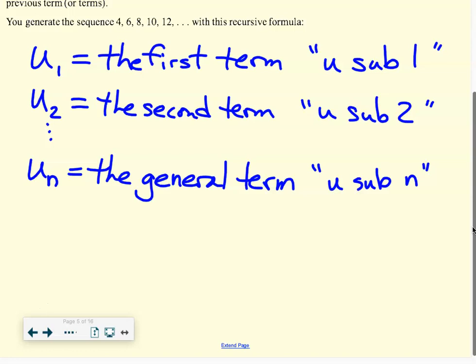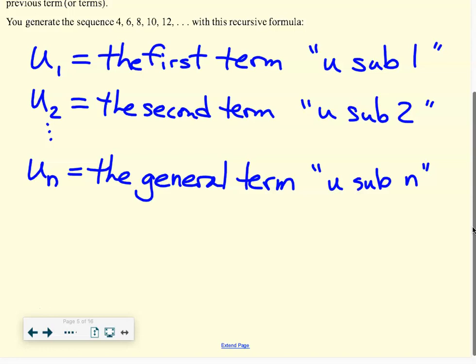So when you guys, for part C, wrote add 4, that meant go to the term right before it and add 4, right, to get the next term. So the next term is the previous term plus 4. Does that make sense? Okay. That's called recursive. So it means that each term is defined based on the term before it. It's called a recursive sequence because in order to find the next term, you base it on the term that's right before it.